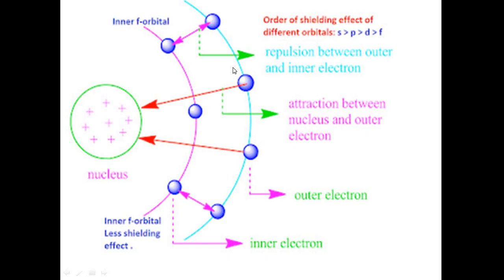It cannot protect the outer electron. With increase of atomic number, the charge on the nucleus increases. That's why the attraction between the nucleus and outer electrons also increases, and atomic radius decreases. It means lanthanoid contraction arises due to the poor shielding effect of the f orbital.